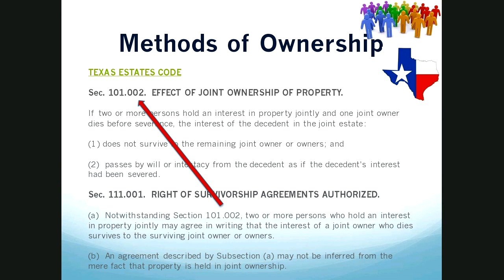And then we have another provision in the Estates Code that says, notwithstanding section 101.002, which I just read to you, two or more persons who hold an interest in property jointly may agree in writing that the interest of a joint owner who dies survives to the surviving joint owner or owners. So you have to put that with right of survivorship in the name of the deed and spell it out in black and white. Otherwise, you don't get the right of survivorship. And you end up with a tenancy in common.